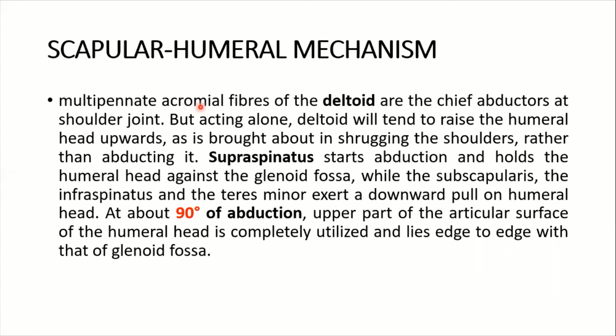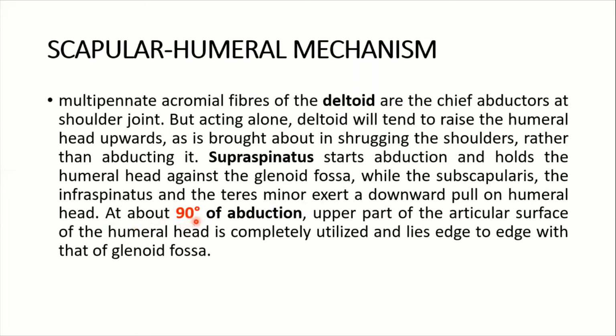The multipennate acromial fibers of the deltoid are the chief abductors at the shoulder joint, but acting alone, the deltoid will tend to raise the humeral head upward, as is brought about in shrugging the shoulders, rather than abducting it. Supraspinatus starts abduction and holds the humeral head against the glenoid fossa, while the subscapularis, the infraspinatus, and the teres minor exert a downward pull on the humeral head.